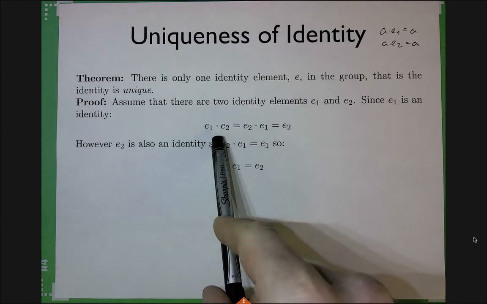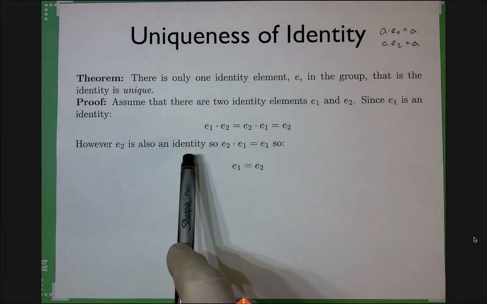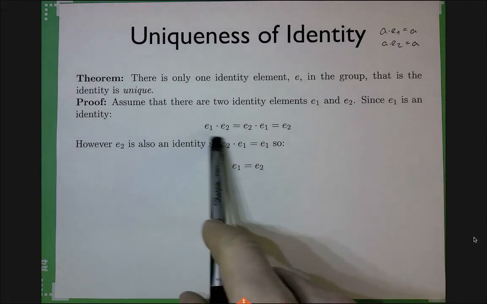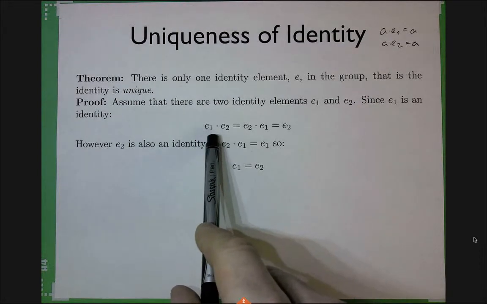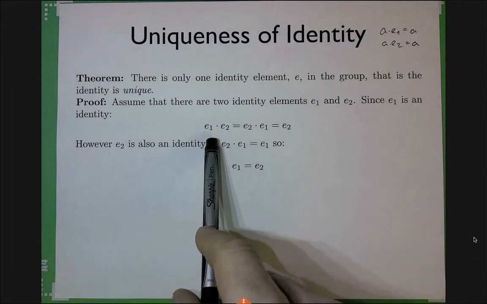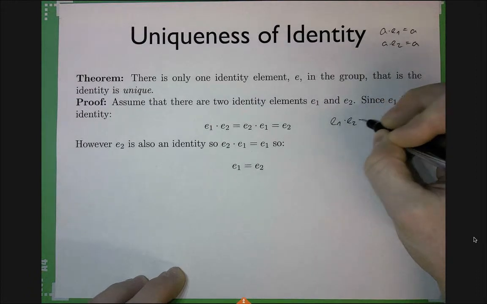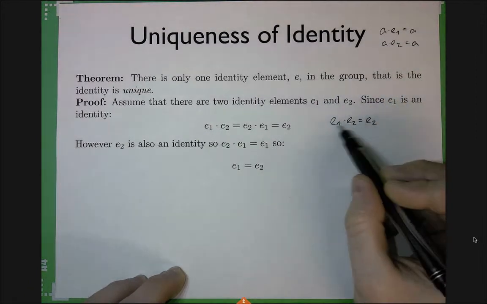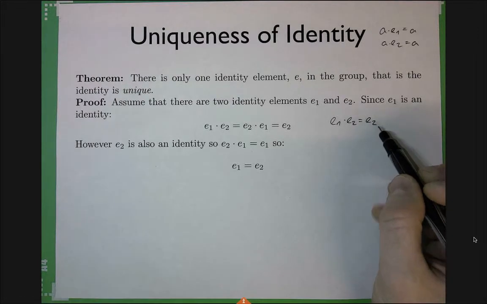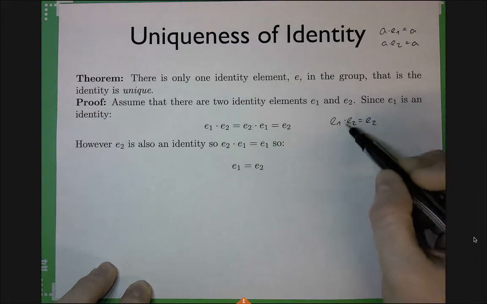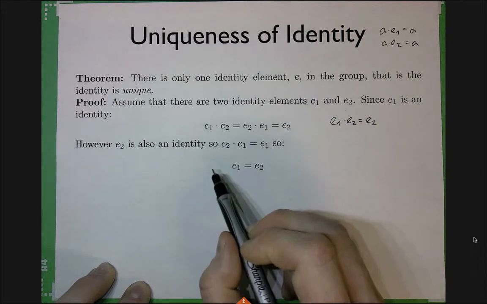So let's see how this works exactly. Because E1 is identity, I would have that E1 dot E2 equals E2. Because E2 is also identity, then I can flip it, that's from the previous theorem.